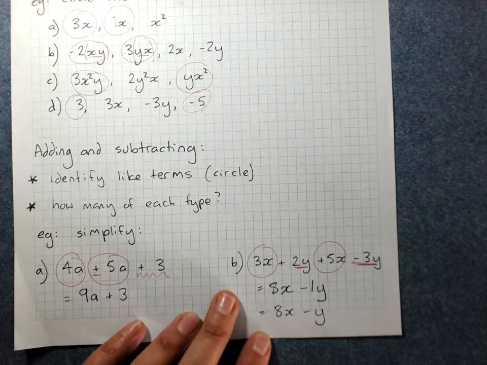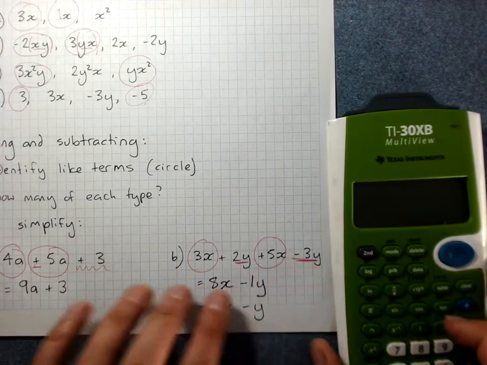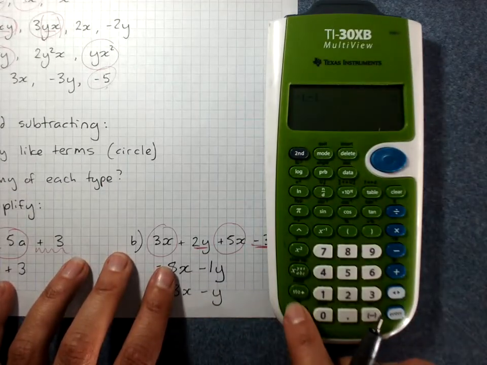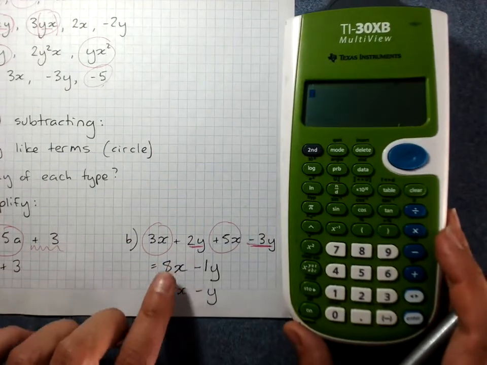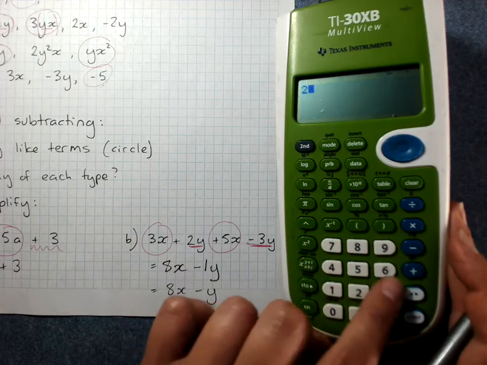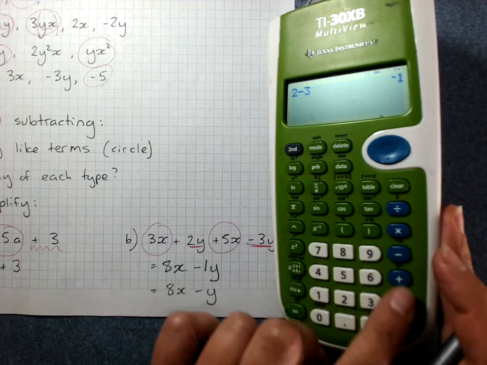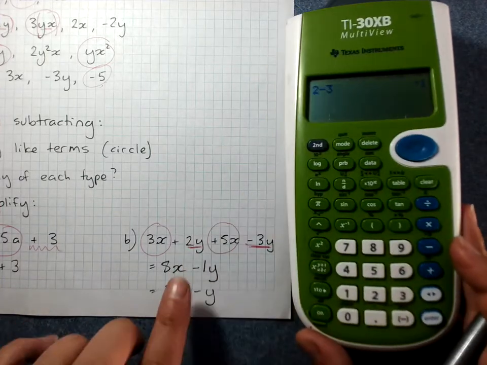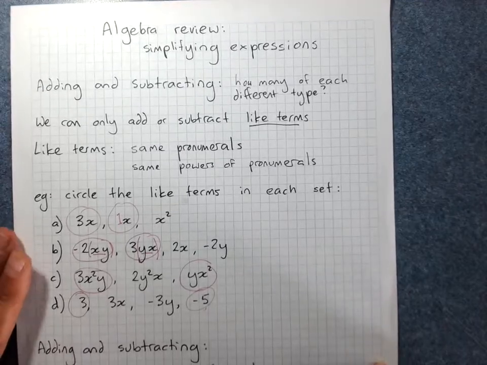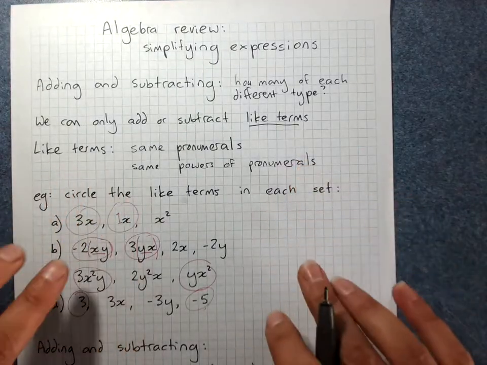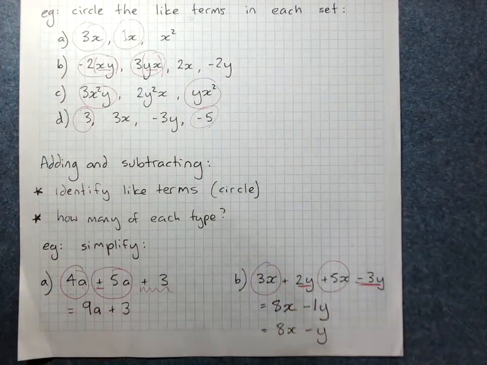If I wasn't really sure about to take away 3 of something, ignore the letters and you can just do, I've got 2 of something and I want to take away 3 of something, I've got minus 1 of that thing. So adding and subtracting with like terms, just find out the things that match and work out how many of each different type we've ended up with.